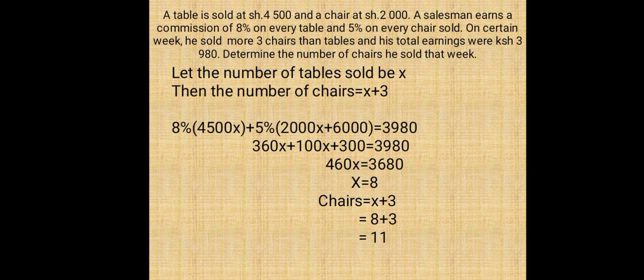Now solve for the value of x. If you simplify, you get that x is 8. This means that the tables are 8. Now add the value of 3 because he sold 3 more chairs than tables. You get that he sold 11 chairs.